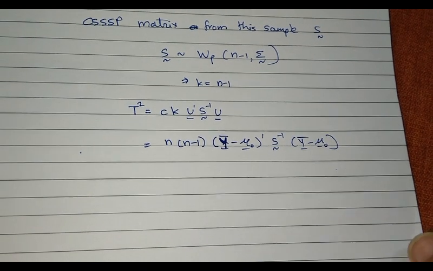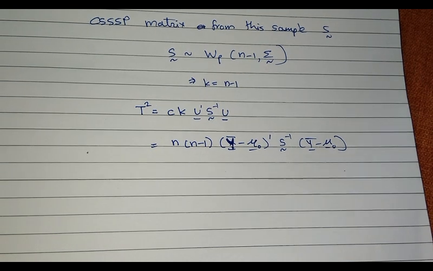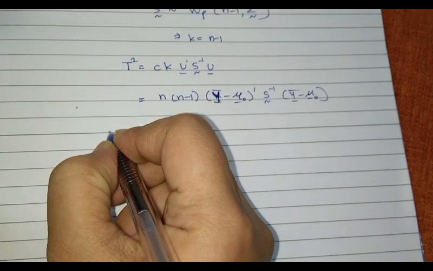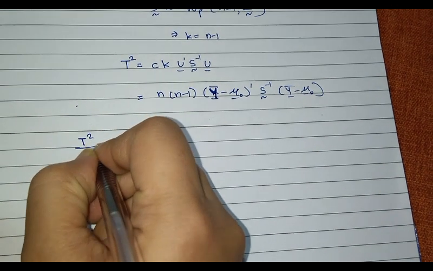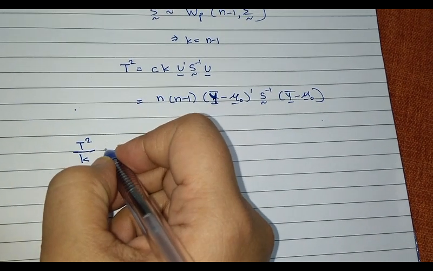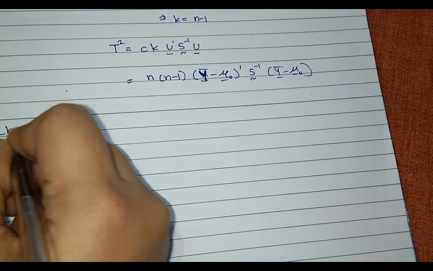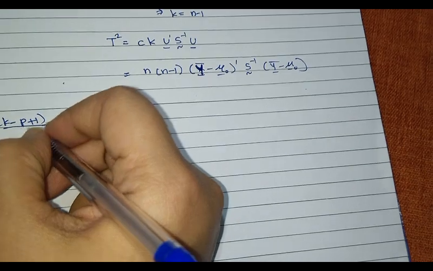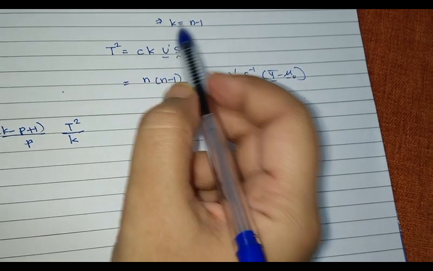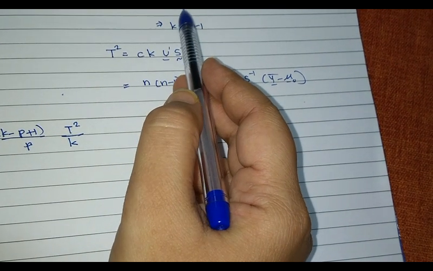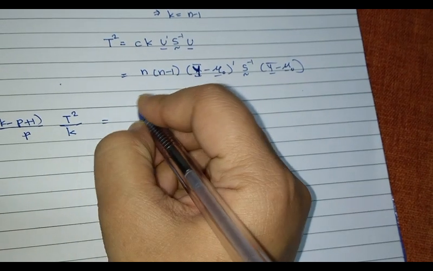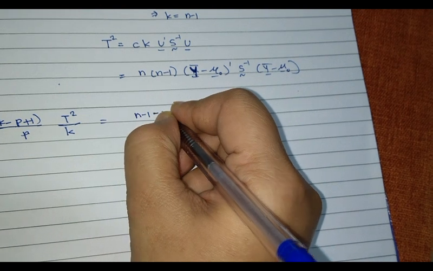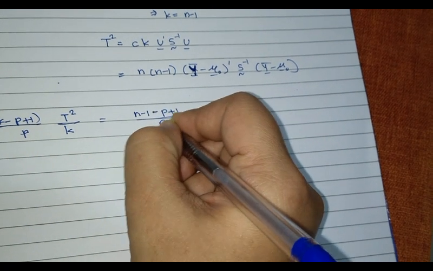This becomes my T-square, and we know what we want finally is T-square by K, and we also have K minus P plus 1 upon P. P is actually the dimension of this p-variate normal and this S matrix. So K is n-1, and I would substitute n-1 minus P plus 1 upon P.